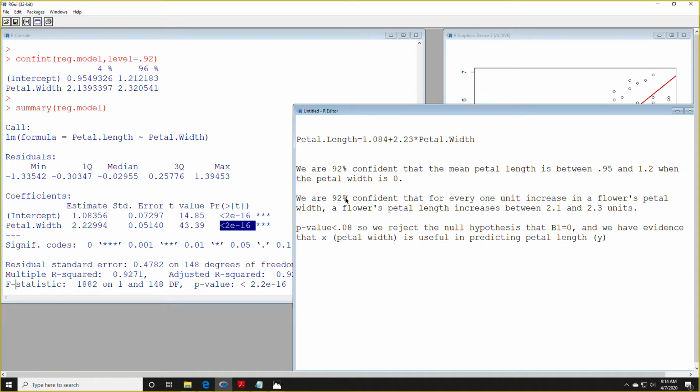Anytime you do a confidence interval and a hypothesis test that correspond to one another, and you use the same level of significance, the decision will always be the same. They will always go to the same conclusion. So you could use either one of those to determine whether we have statistical evidence of a relationship between y and x.